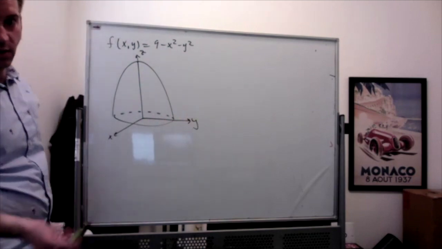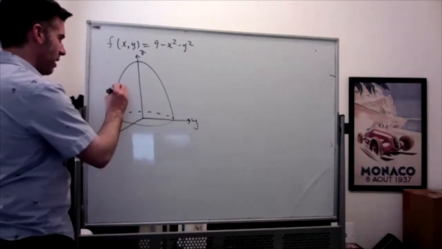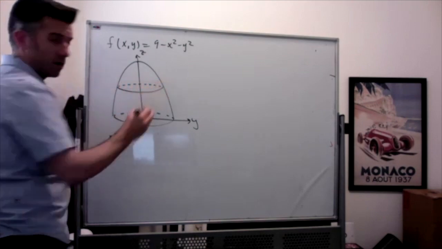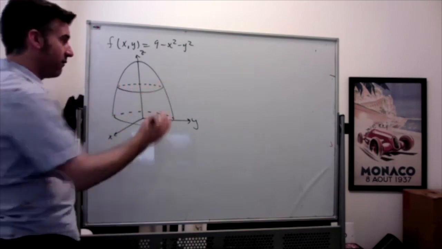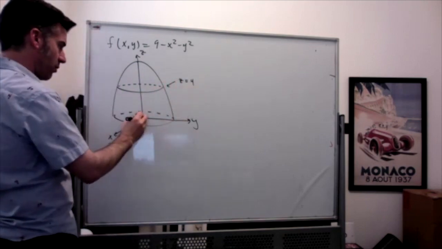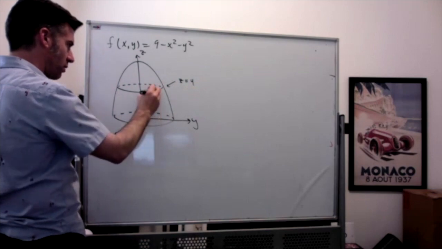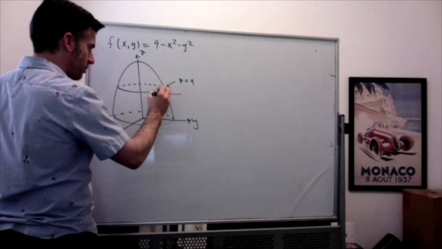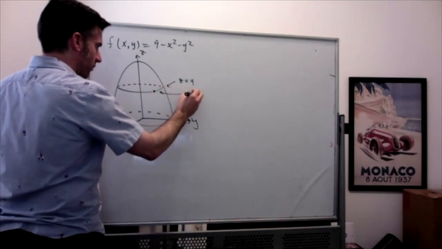Cool, there's a mountain, and we're looking specifically at this level curve when z is equal to 4. Specifically, I want to look at the point (1, 2, 4). That point right there, that's the point (1, 2, 4).